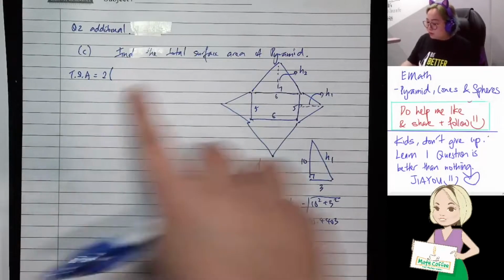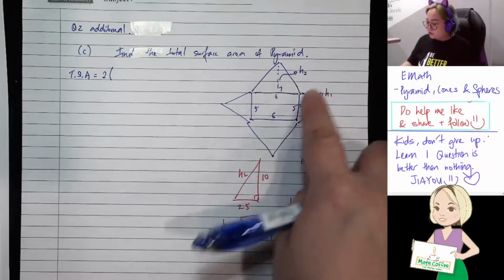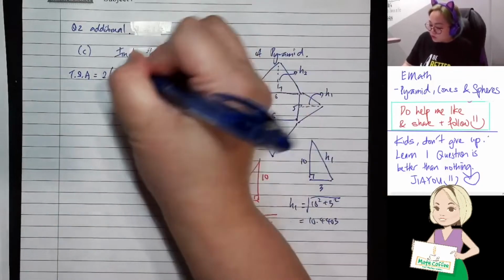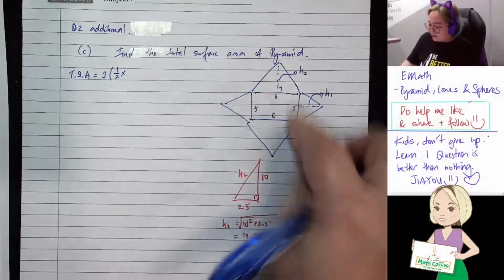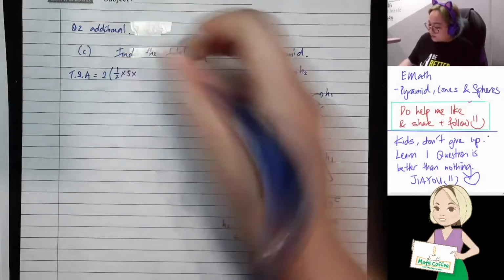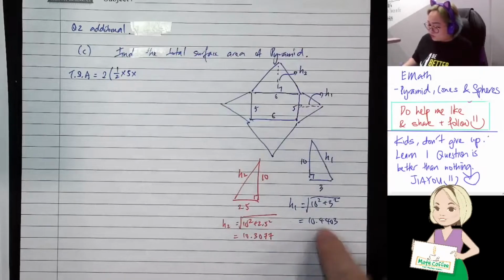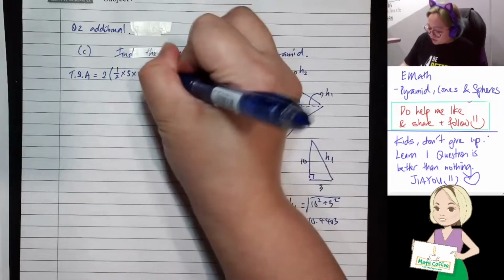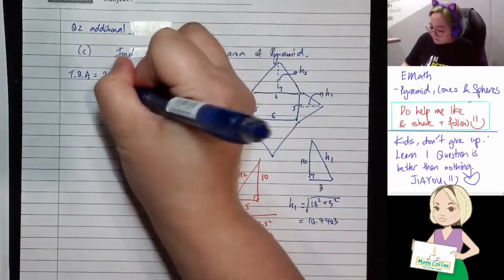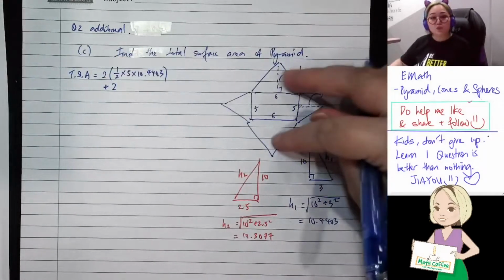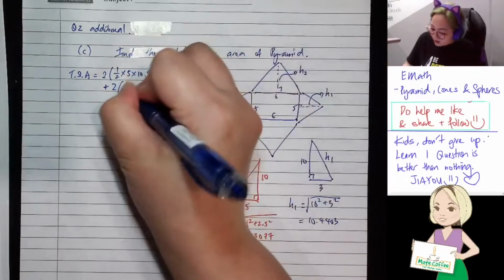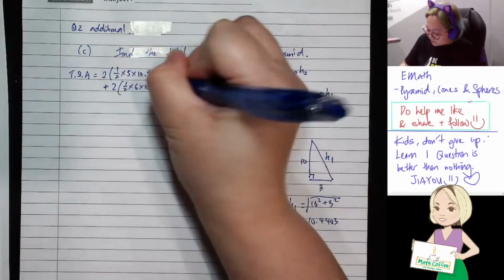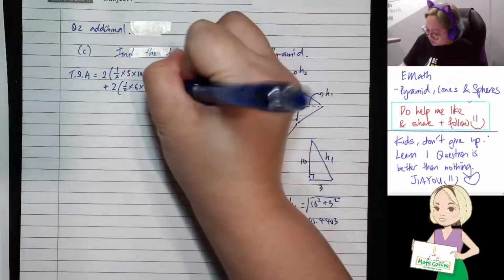I'm going to do the H1 one first, the smaller triangle. It will be 2 of the triangle, which is half times 5 times the H1, which is 10.4403, plus 2 of these two triangles, half times 6 times 10.3077.